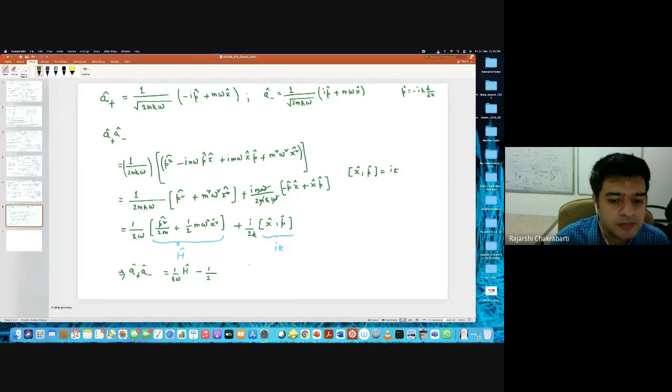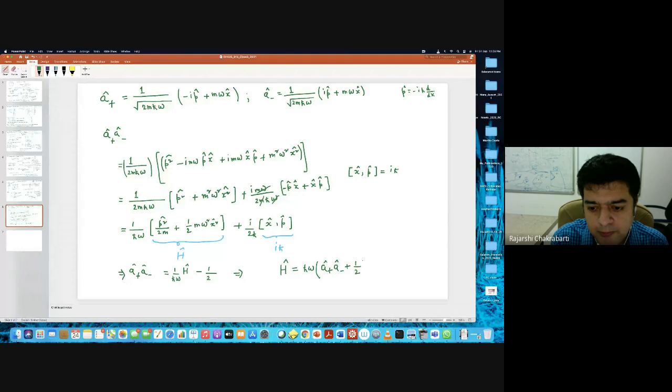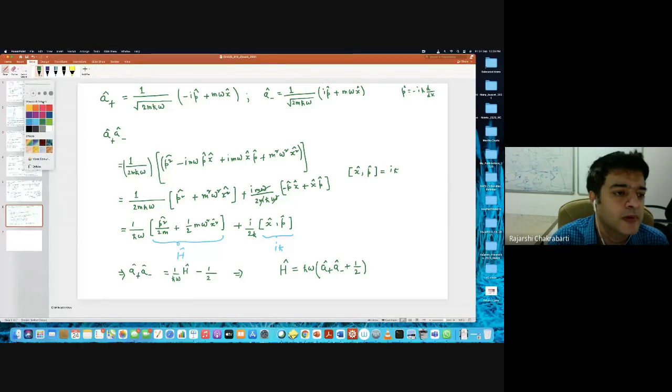So this means I can write that the Hamiltonian is given by h cross omega times... this is how it is.